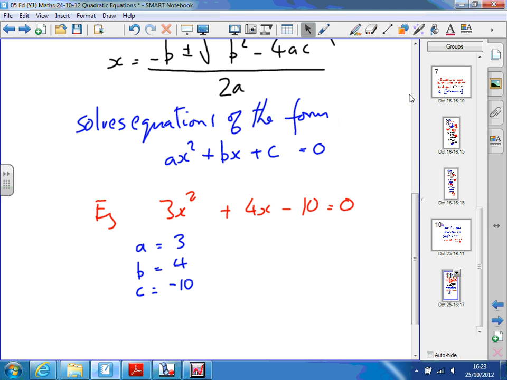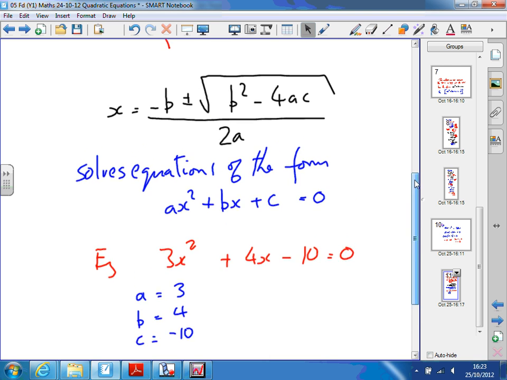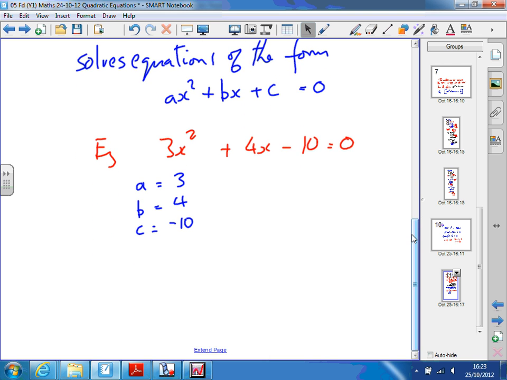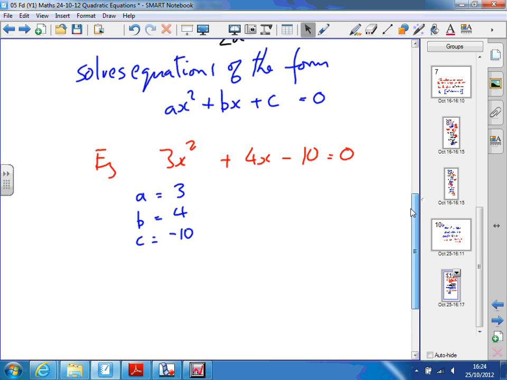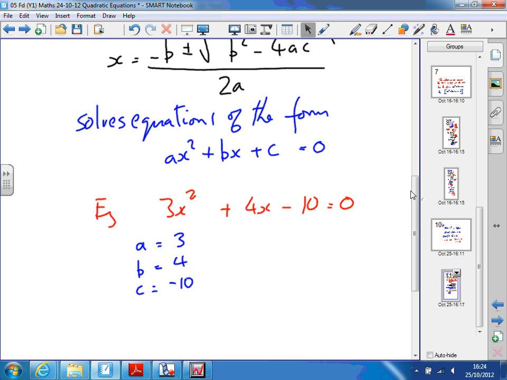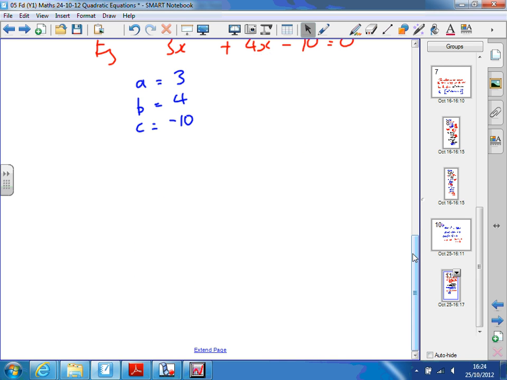This is just a case of banging the numbers into the formula now, but there are one or two little pitfalls, or little mistakes you could make. The main one is signs, because I've got a negative number in here, and b might be negative as well. So you've just got to be careful how you cope with the signs. I would always recommend that you rewrite the formula with the values in it, and put those values in a bracket. So I'm going to write x equals minus b.